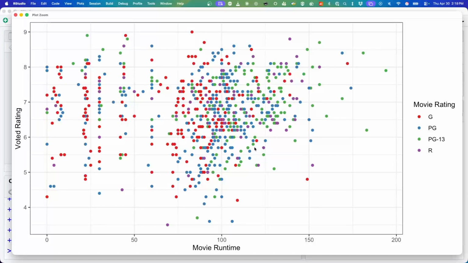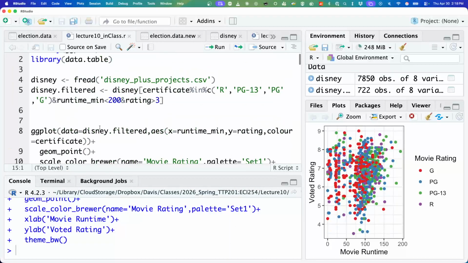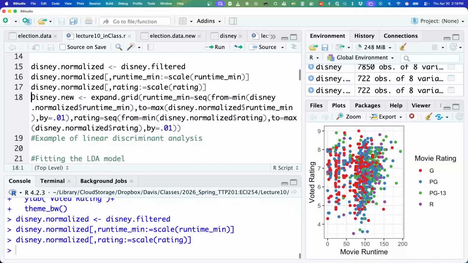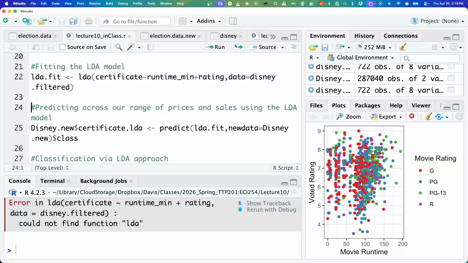If I run through the LDA, I'm not going to have us follow along this time. The code is basically the same. The main thing is that for running the model, instead of saying GLM fit, family binomial, we use this LDA function.